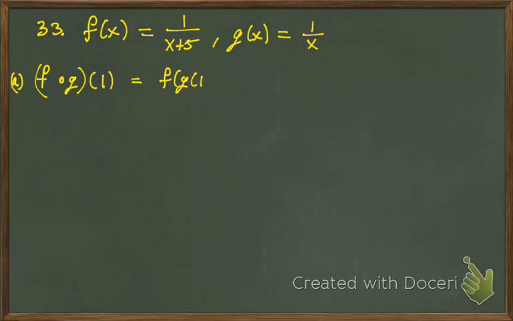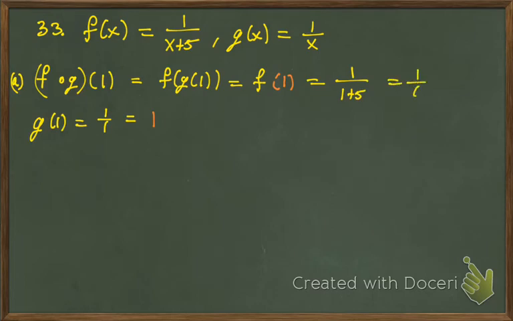When we do that, that notation means we're going to plug 1 into g first. So plug 1 into g, 1 over 1 equals 1. And then we're going to take that 1 and plug it into f. And f is going to take that, put it in the denominator, add 5 to it, and then we get 1/6.